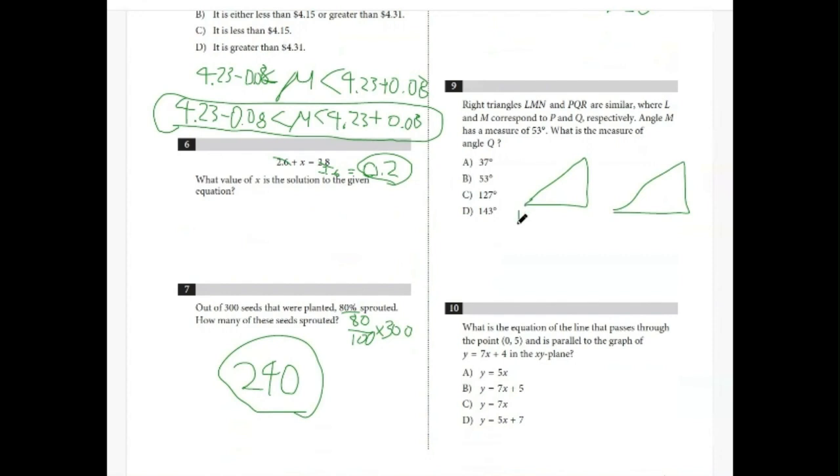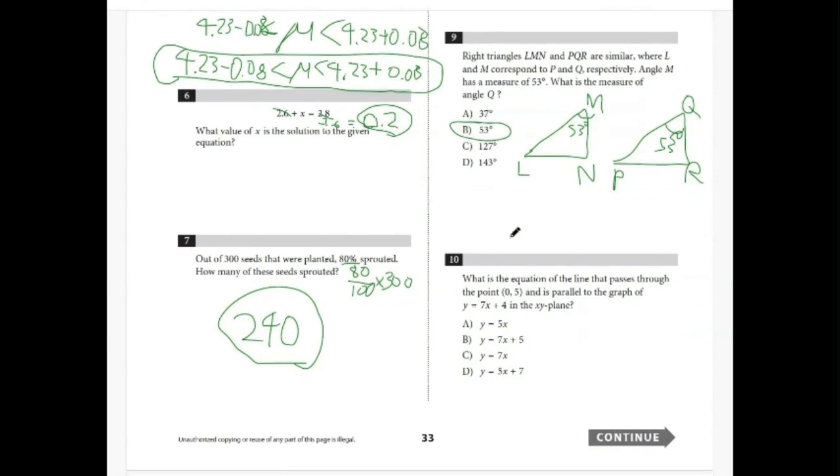And we have L and M and PQR. And M has 53 degrees. And since these are similar triangles, this also has to be 53. So the correct answer choice here is B as in boy.